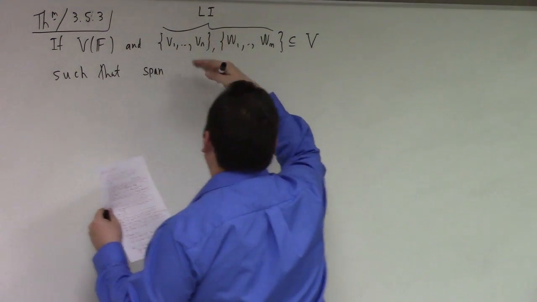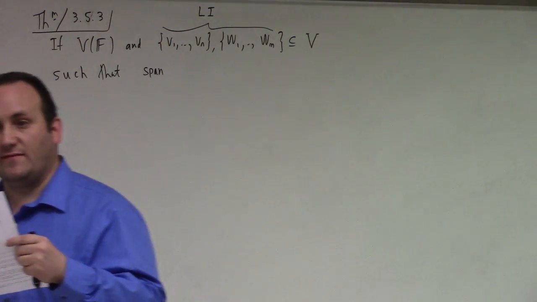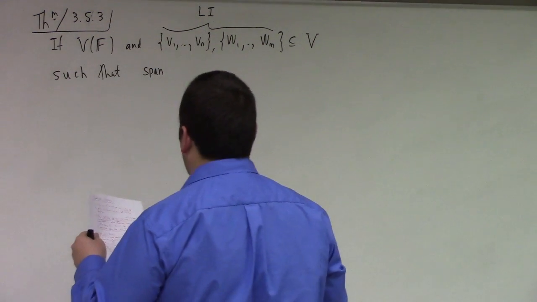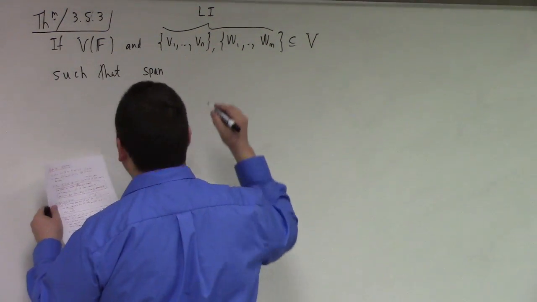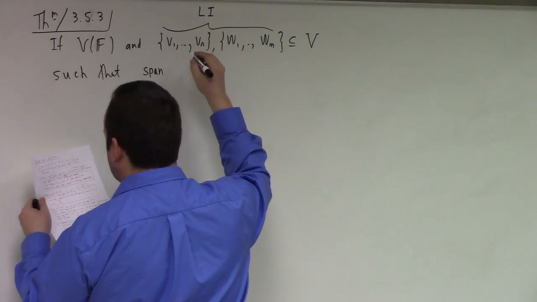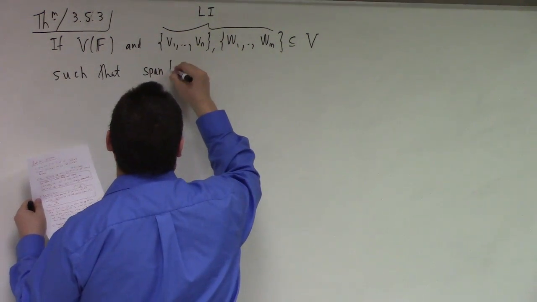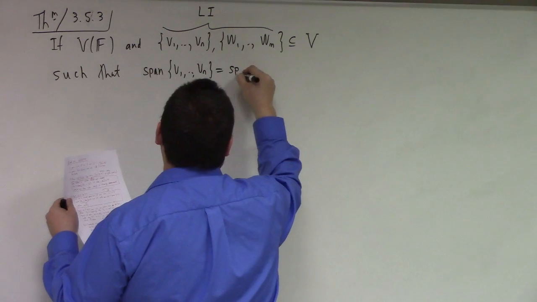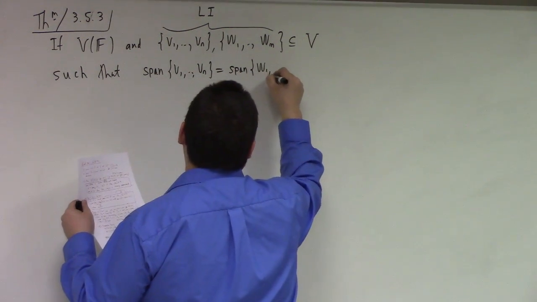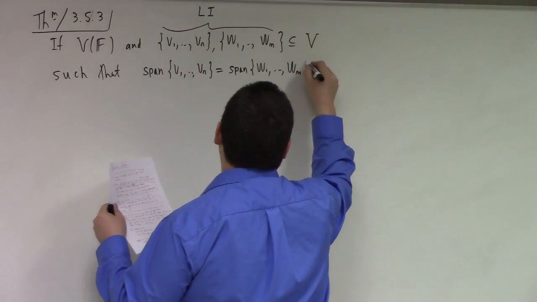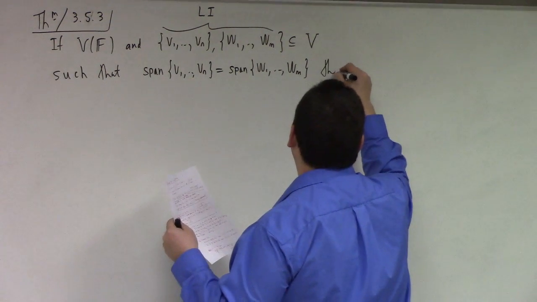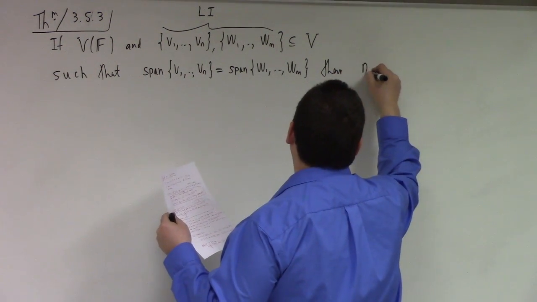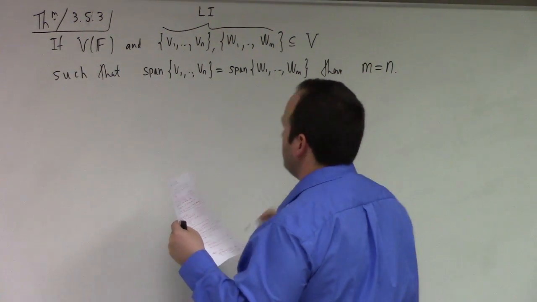So if I have 2 linearly independent subsets of a vector space such that the span of V1 through Vn is equal to the span of W1 through Wm, then, punchline, m is equal to n.